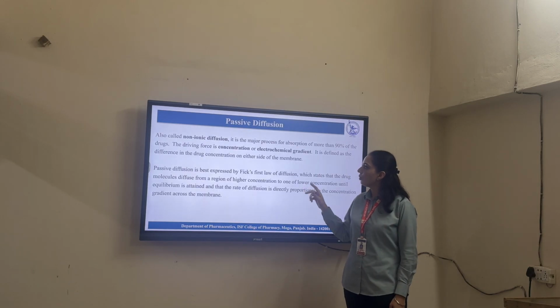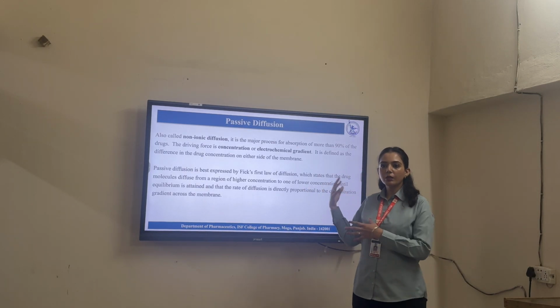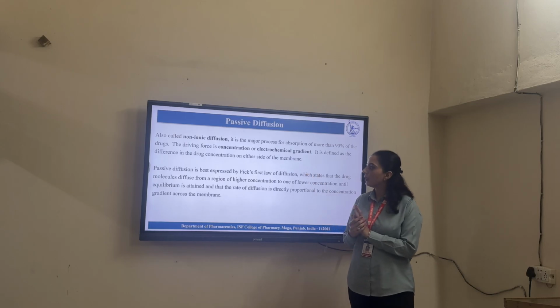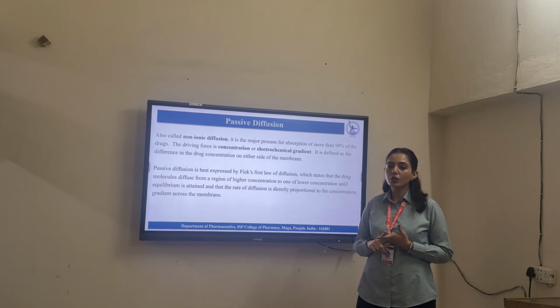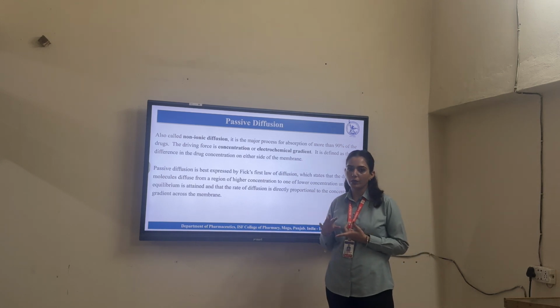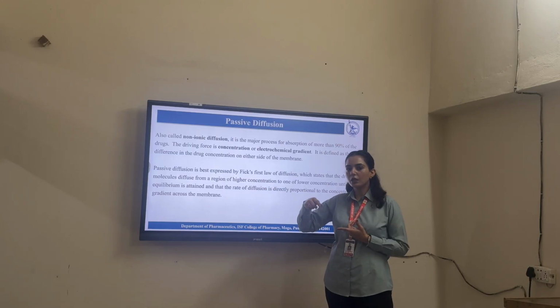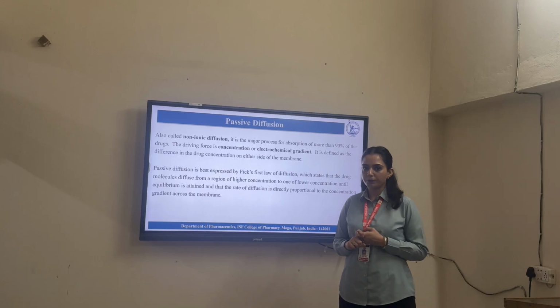It is also called non-ionic diffusion, and is the major process for the absorption of 90% of drugs. The concentration gradient means the difference between the concentrations on either side of the membrane. The greater the difference, the greater the rate of absorption of the drug.